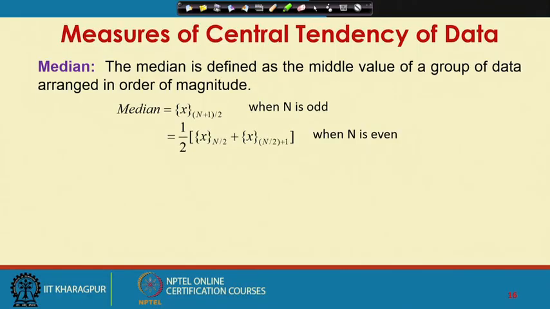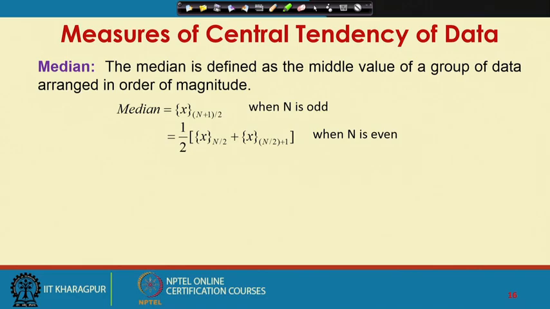Now, you arrange this data in order. The median is the middle value of this arranged data.